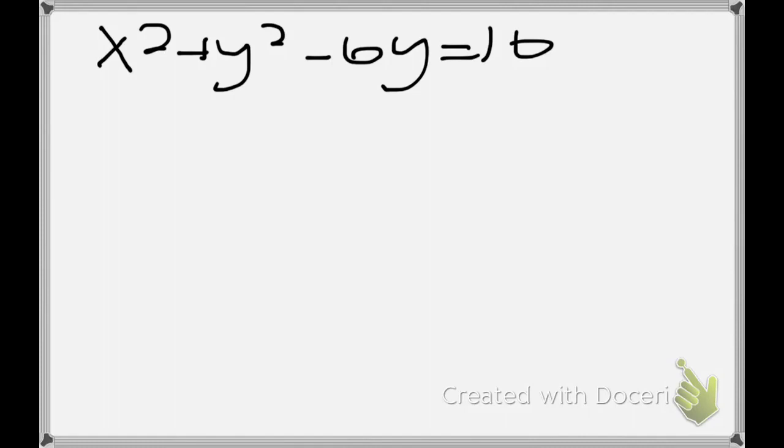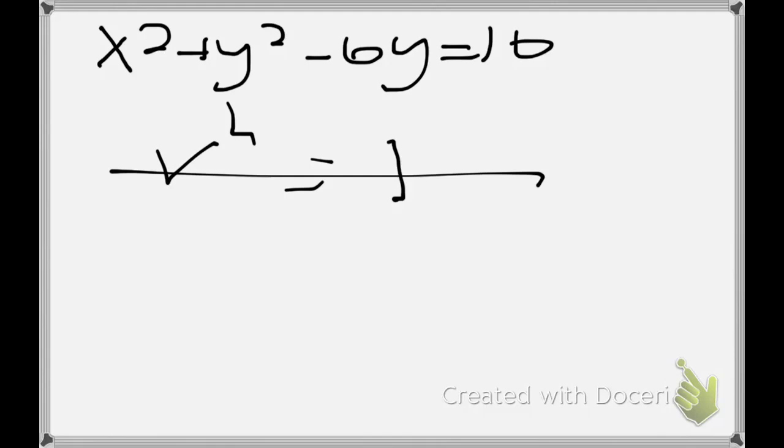So one more problem about the circle. This equation here, x squared plus y squared minus 6y equals 16, is a circle, and the question asks, what is the circumference? First we have to complete the square.